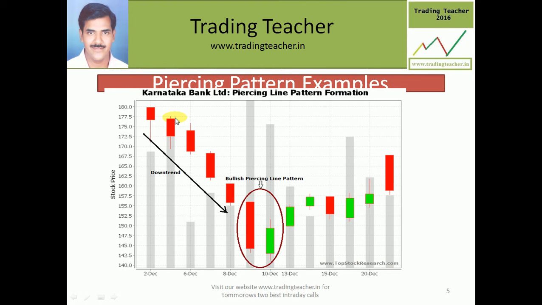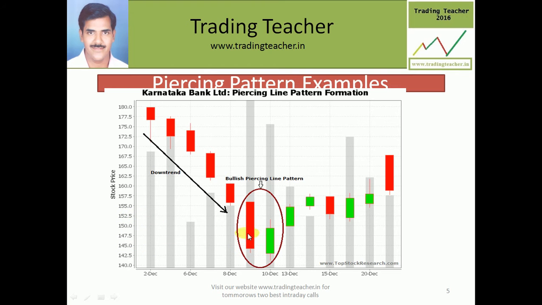This example is taken from the Indian markets. This is the Karnataka Bank piercing line pattern formation. Karnataka Bank was falling from 180, and it touched a low of around 150 and 145.